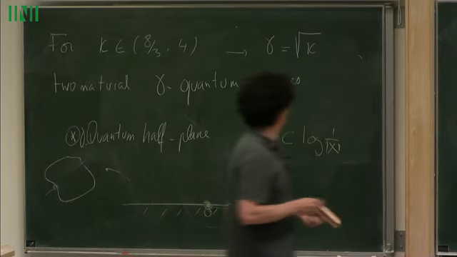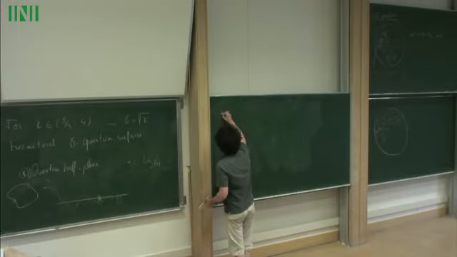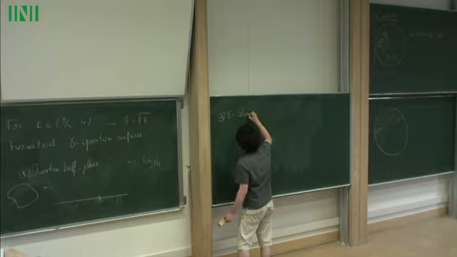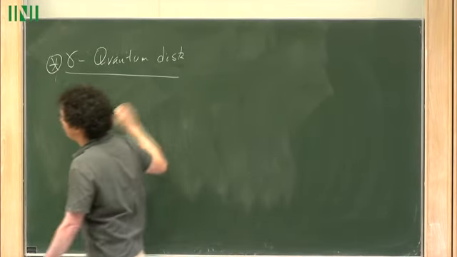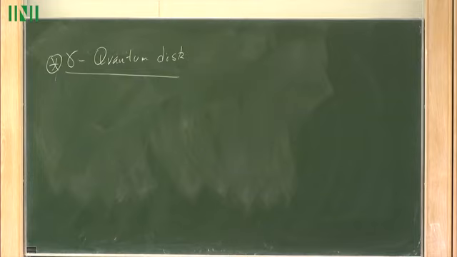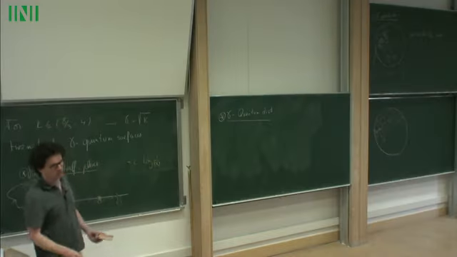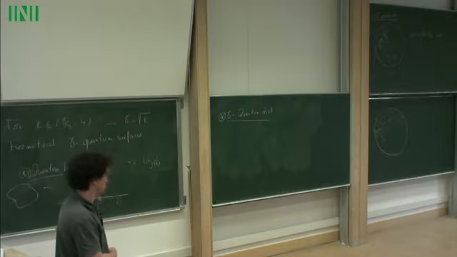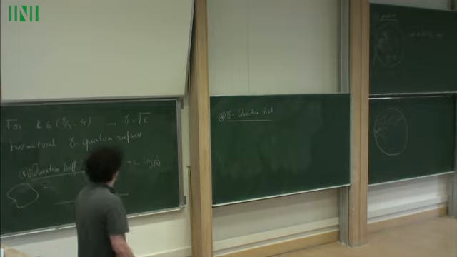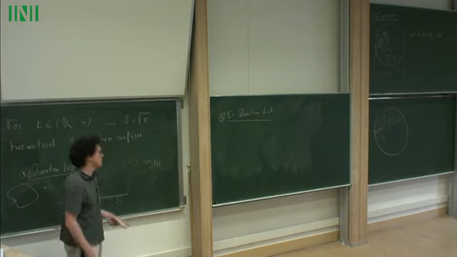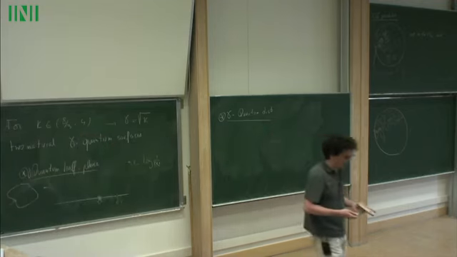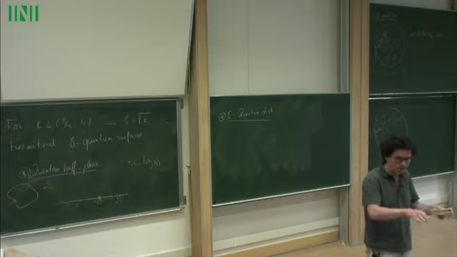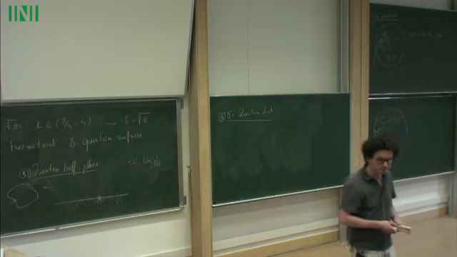Now the second friend are the quantum disks that play a very important role in all the mating of trees and all the papers by Scott and Jason on the topic and Bertrand on the topic before. And this is the natural way in which you can define a quantum surface in a domain that has a finite boundary length.